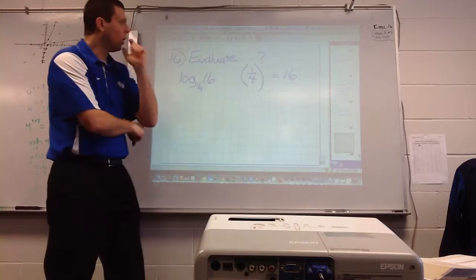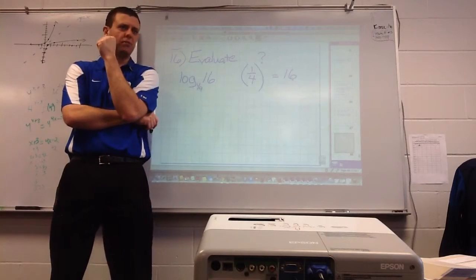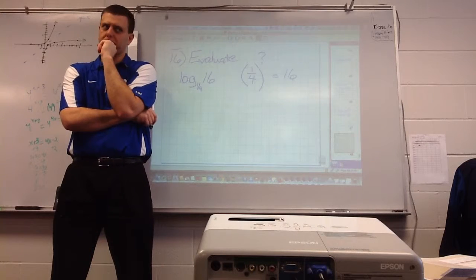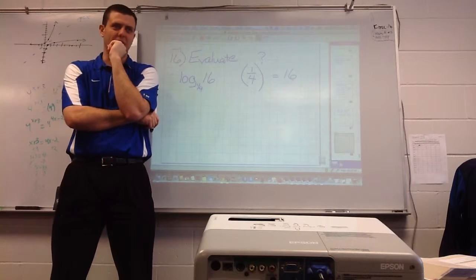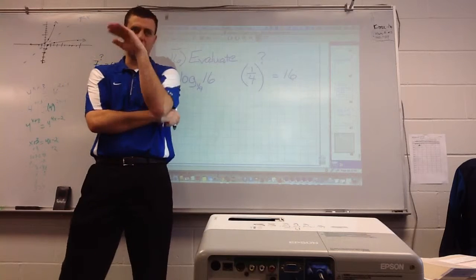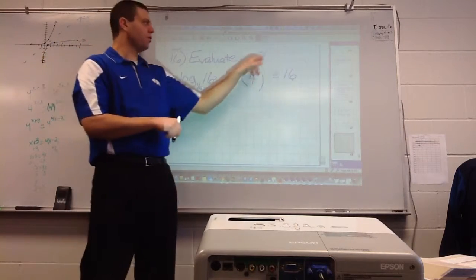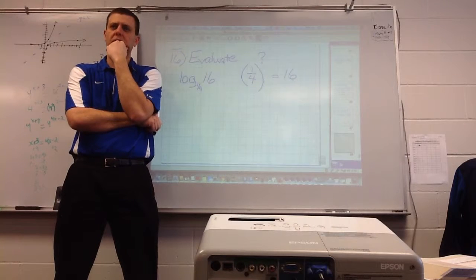What would 1/4 to the second power be? 1/4 times 1/4, which is 1/16, because 1 times 1 is 1, 4 times 4 is 16. So 1/4 to the second power would be 1/16.